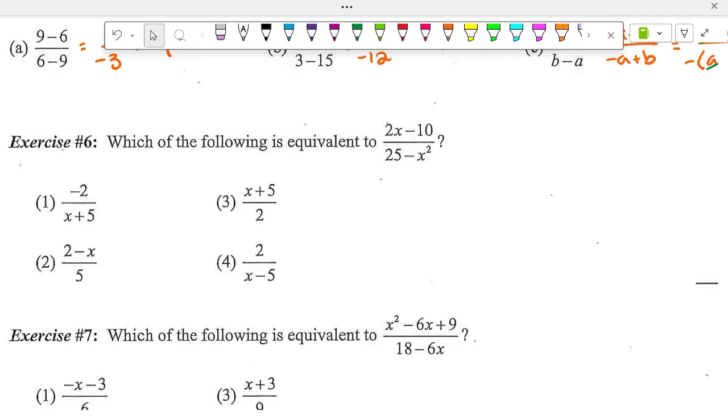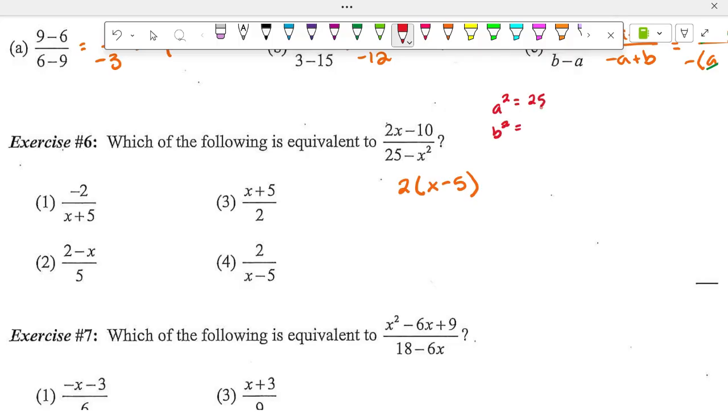All right. How would I factor the top? What's the only thing I can pull out of the top? A 2. So if I factor a 2 out from 2x minus 10, what am I left with? X minus 5. Now, the bottom, it's a difference of squares because they're both perfect squares.